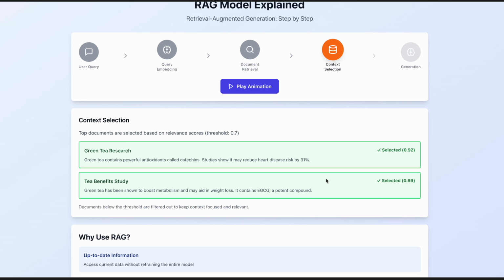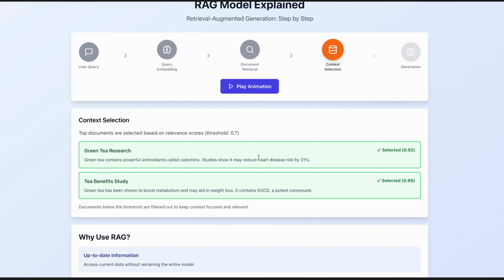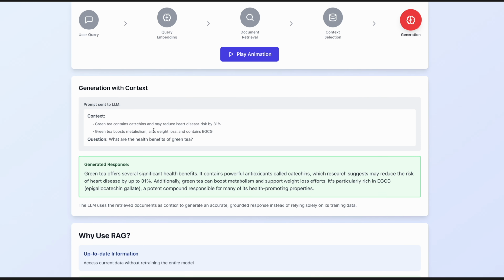So we have 2 selected based on the similarity that we calculated from the documents that we fed. These are the 2 recommended answers for the question which we asked, and later the response is given for the question that we asked, which is what are the health benefits of green tea. Based on that, it has given the response back.